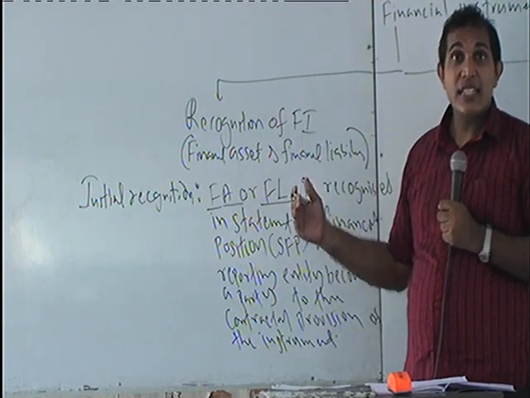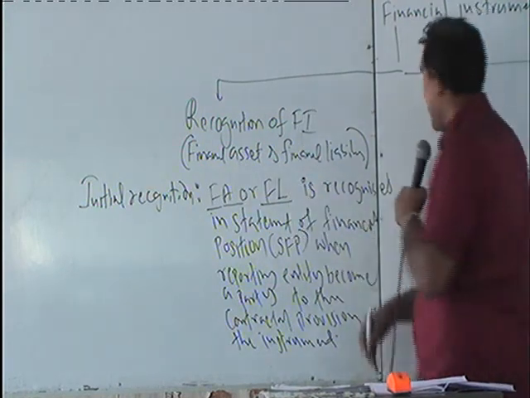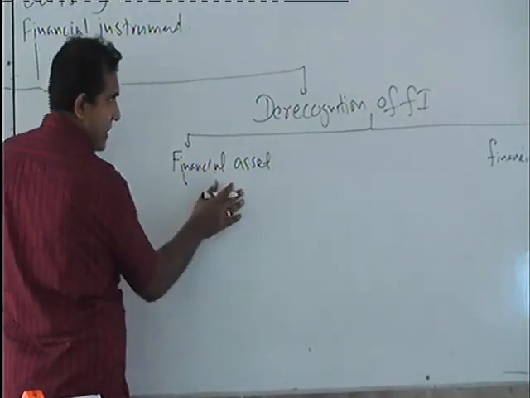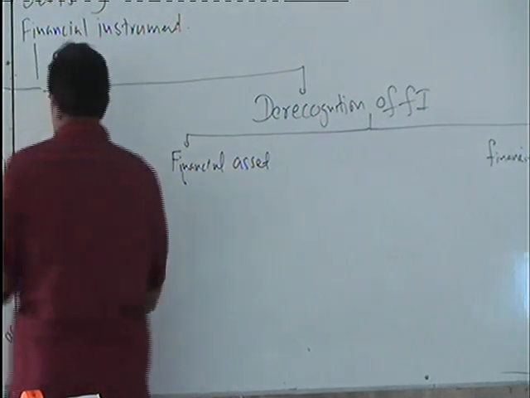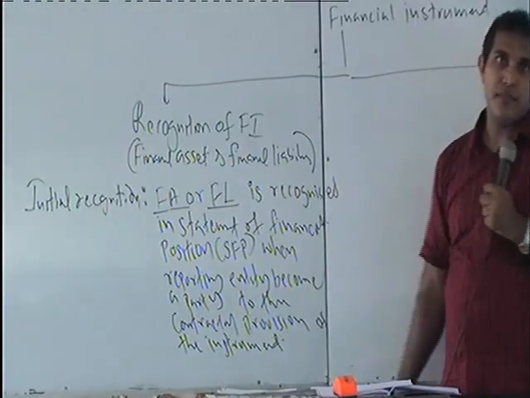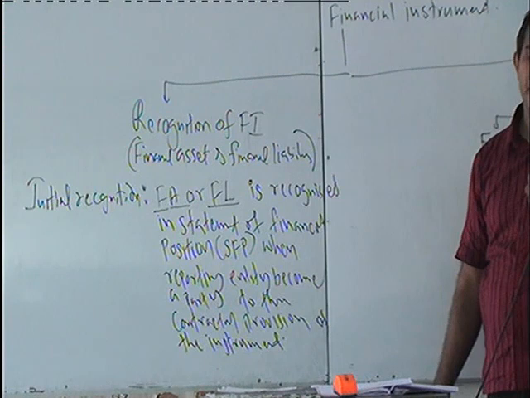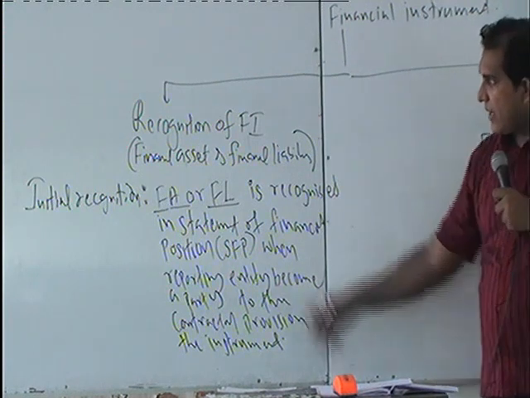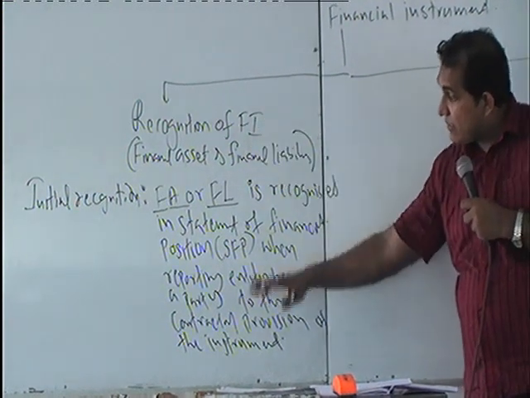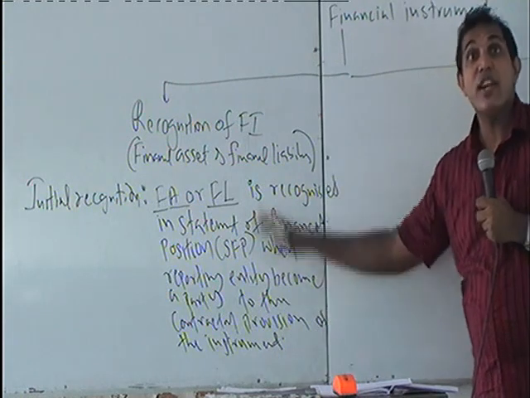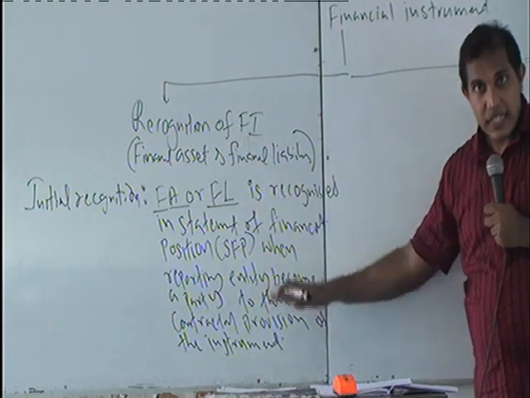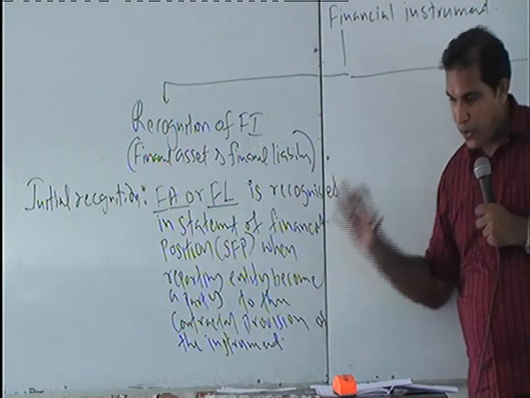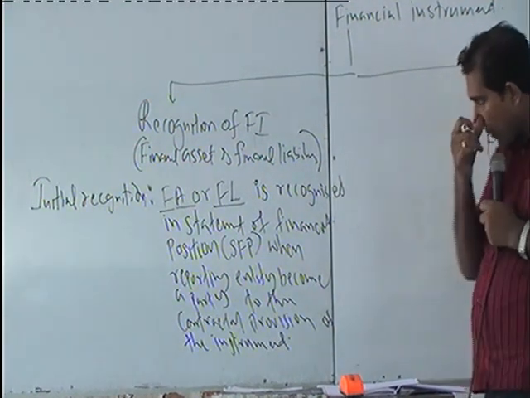Initial recognition is easier than derecognition. Derecognition has many things to be discussed. Recognition is easier. Then when it comes to measurement, we'll discuss one by one. This is recognition; these are the conditions to be satisfied. I hope you understood.